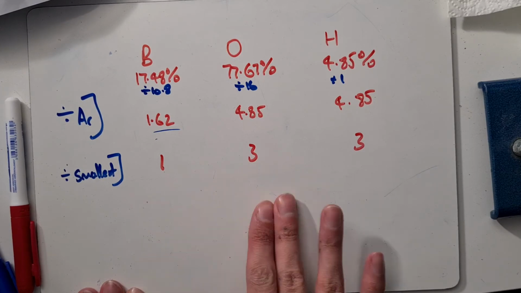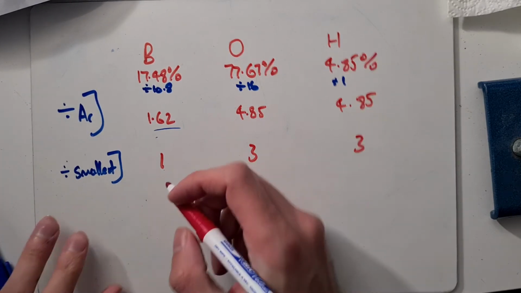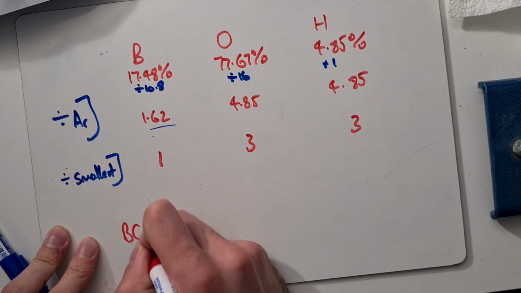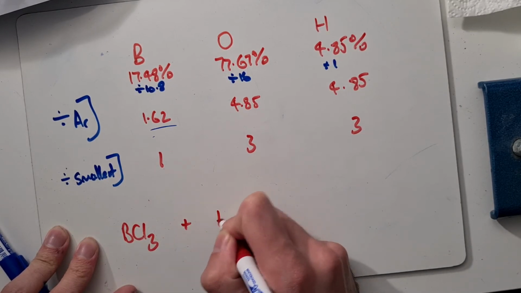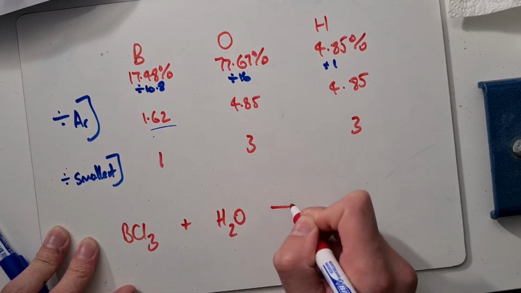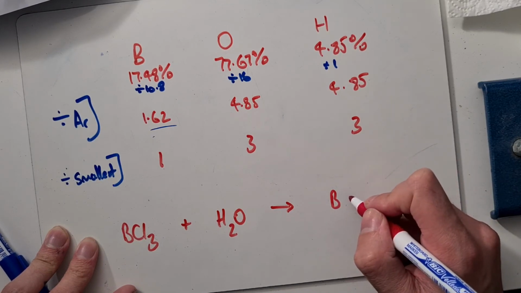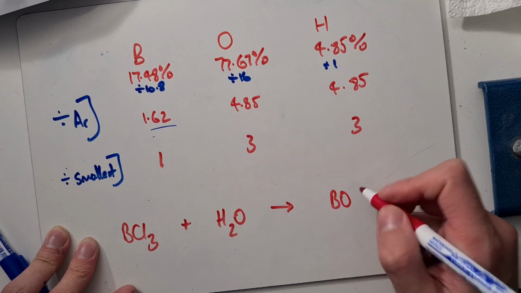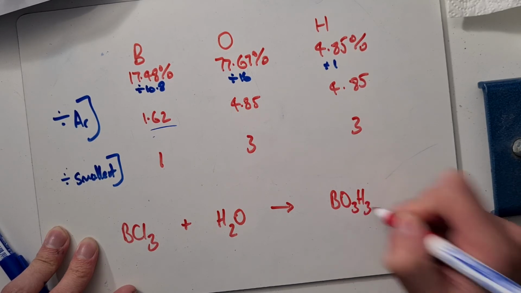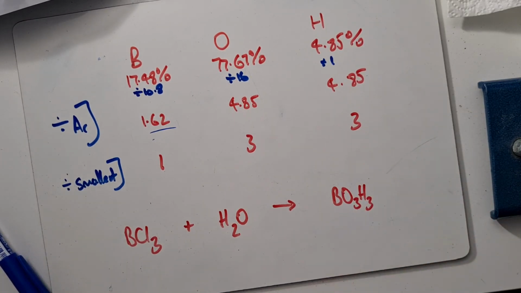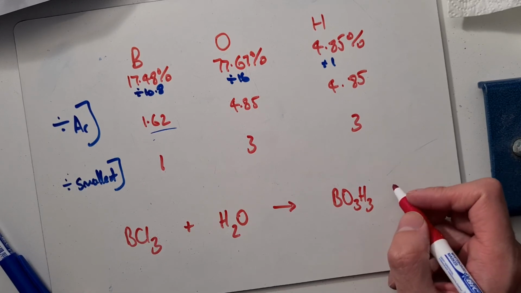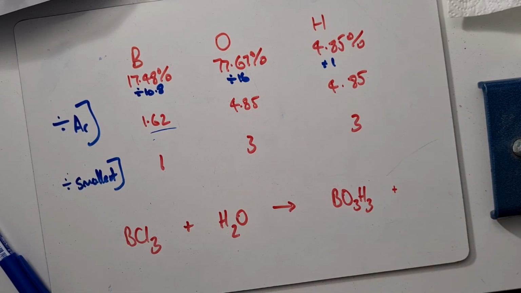So it's telling us we've got BCl3 plus H2O, and that is going to form BO3H3. It's not quite its formula, but we can phrase it like that. The molecular formula is the same as what we just got up there. So that will do for balancing.